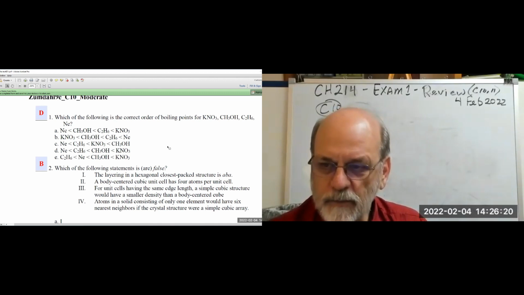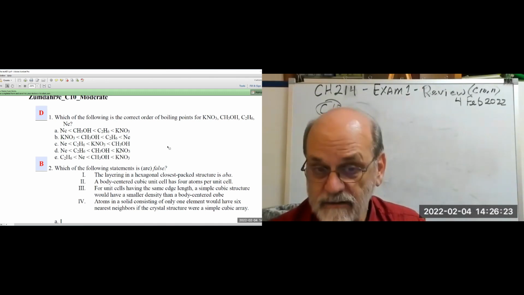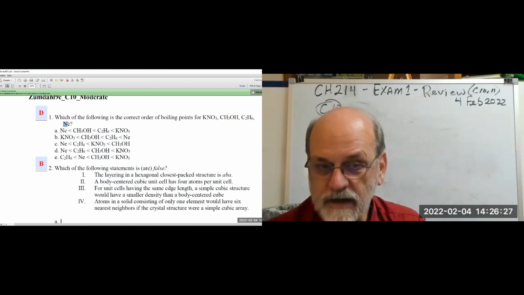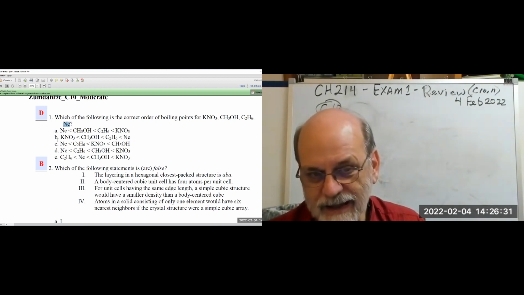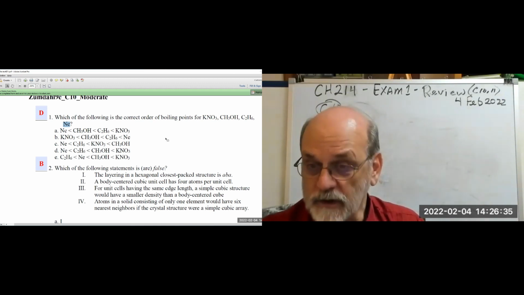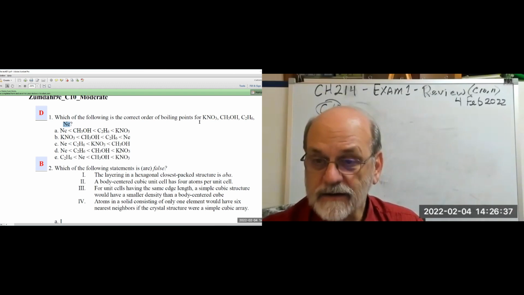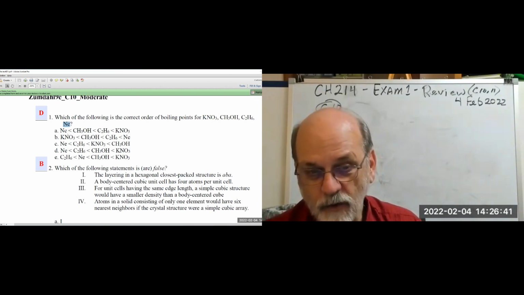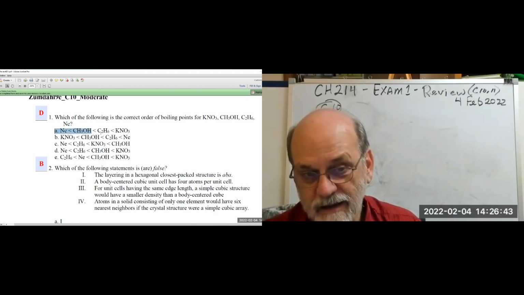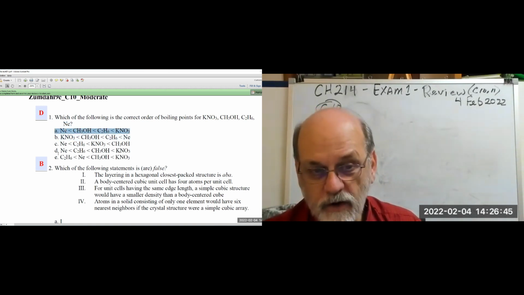The lowest boiling point is going to be that noble gas, because all it has is London dispersion forces available to it. So it's either A, C, or D. The highest one would be the ionic solid, KNO3. So if we got neon and KNO3, it could be A or it could be D.